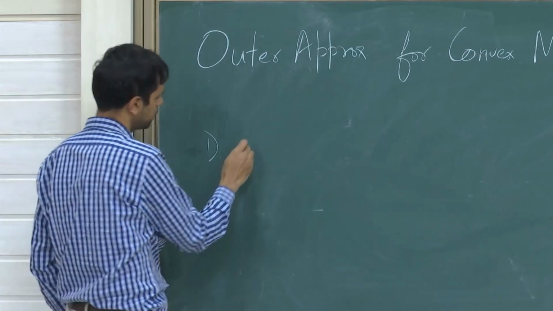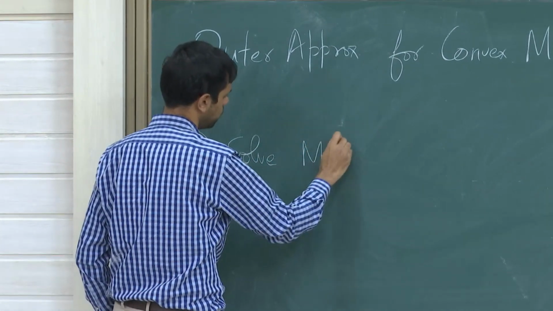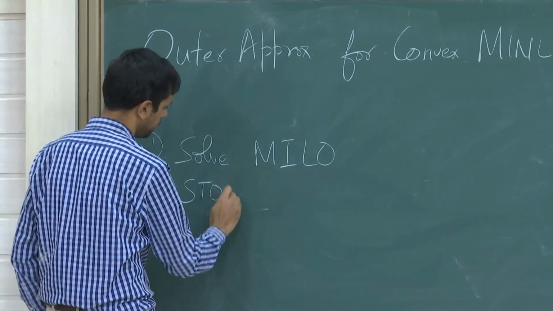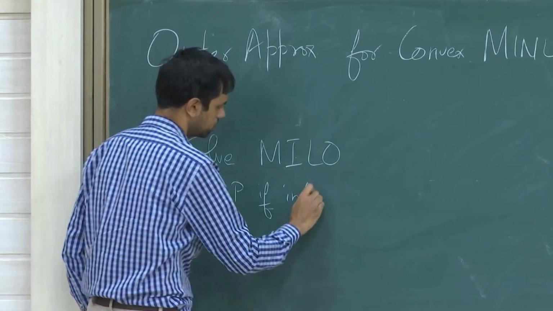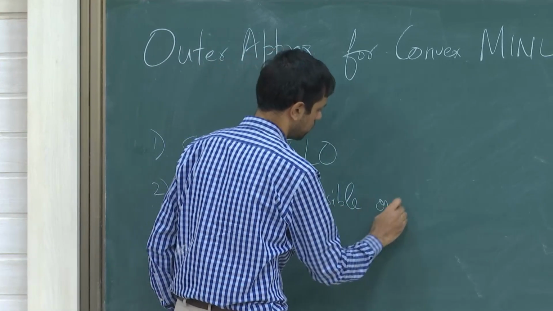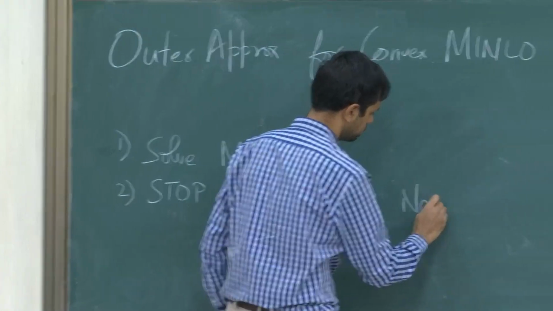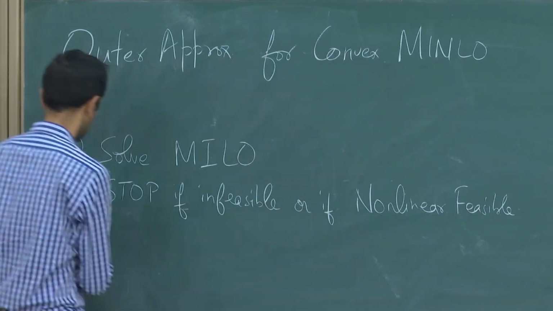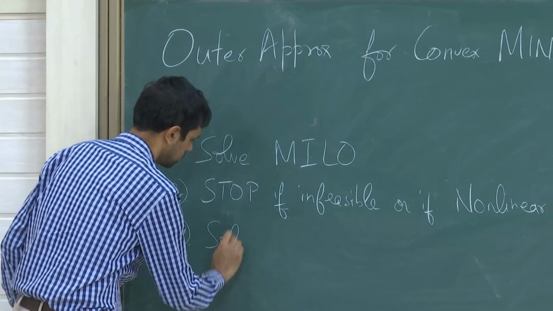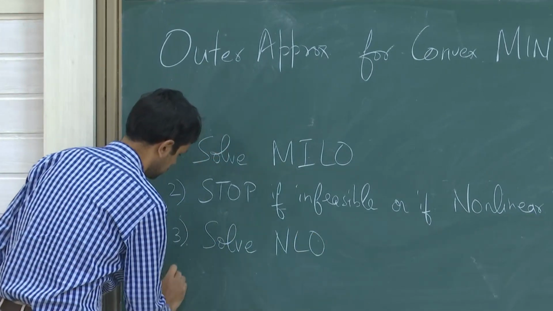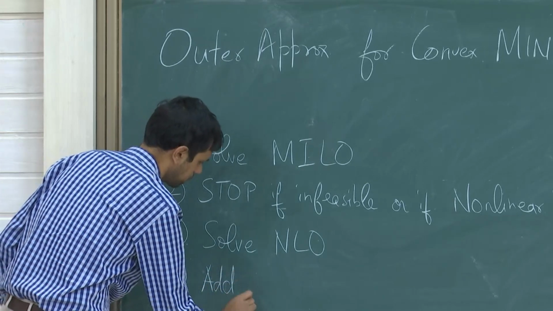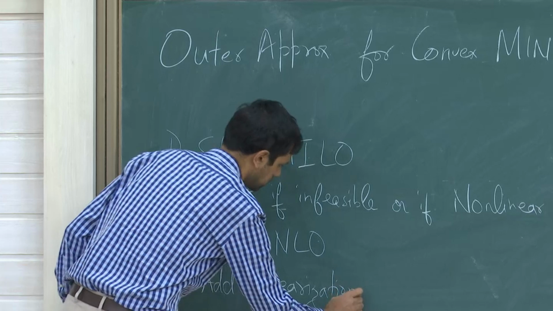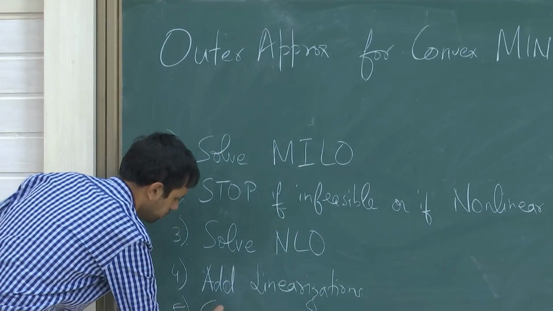I told you that we can solve an MILO, stop if infeasible or if nonlinear feasible, solve an NLO, add linearizations, and go to 1. Okay.